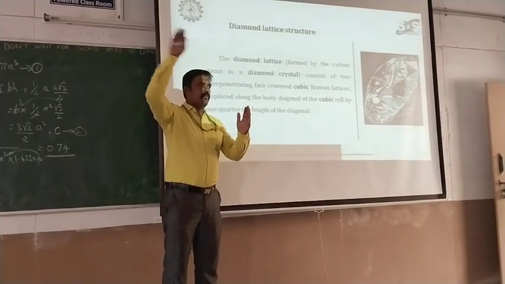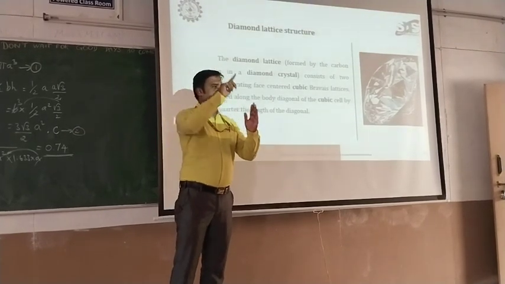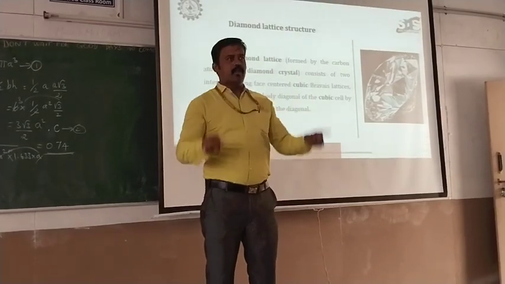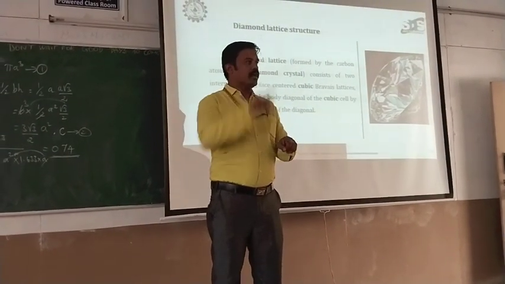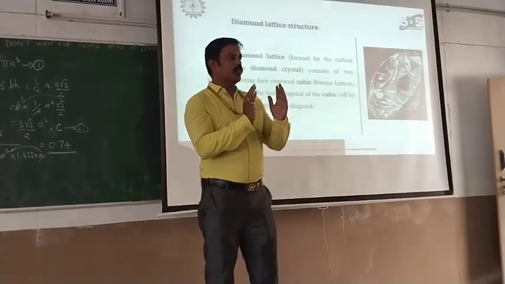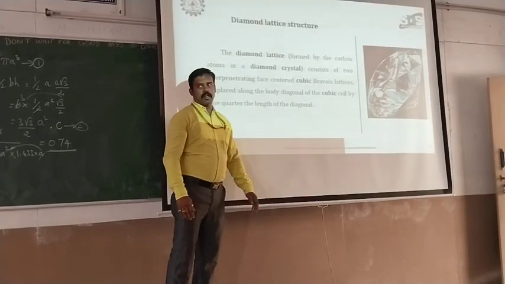The diagonal is the same. We take one portion of 4. Are you clear? The cubical structure is cut into 4, right? One unit cell is a form of 1/4 the length of the diagonals.